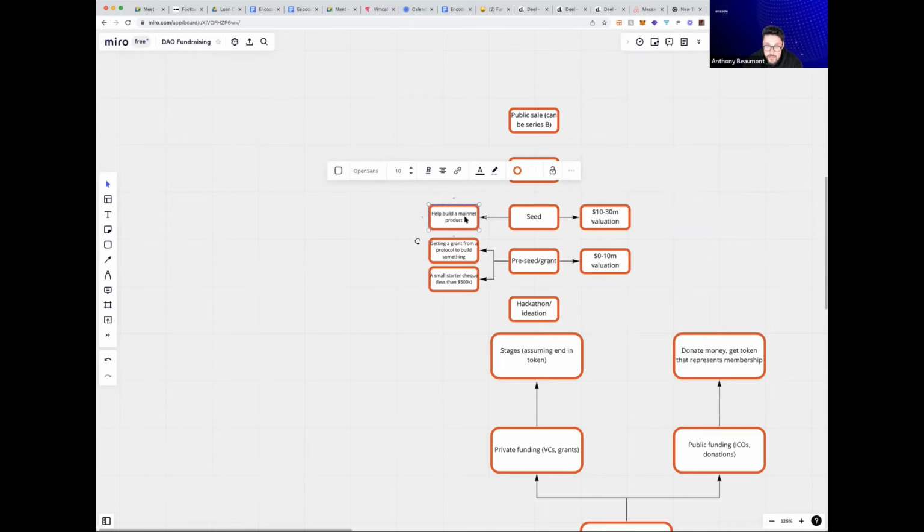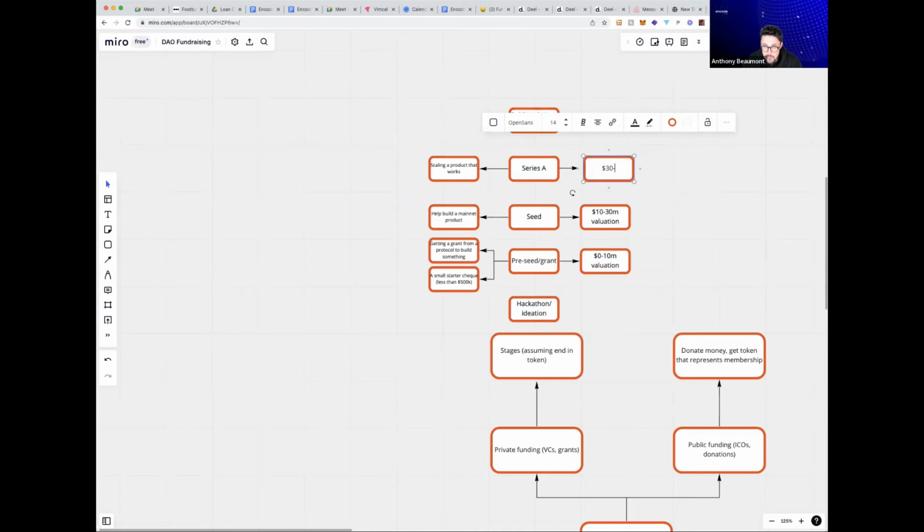Now, Series A is for scaling, basically. And again, these valuations change. I'm quoting recent valuations, which are themselves inflated. I think you're looking at a 30 to 100 million valuation.